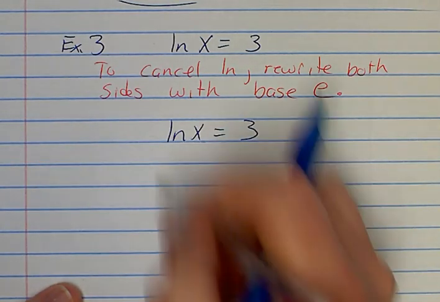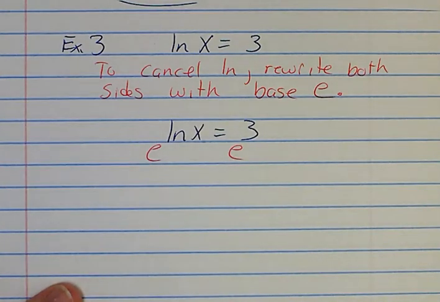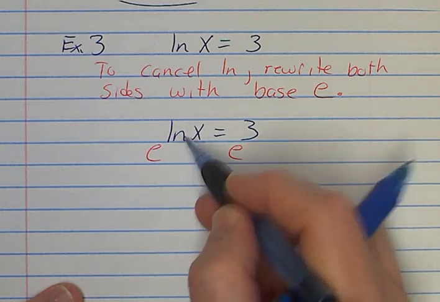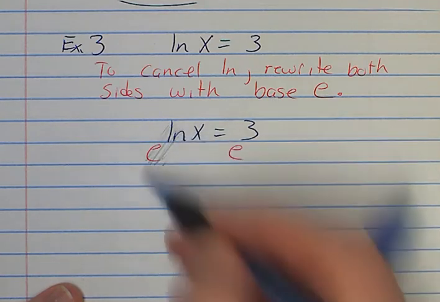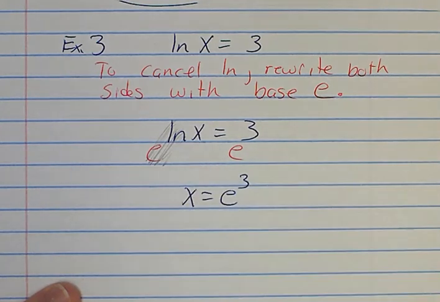So all you're going to do then is put e on the base down here and e to the base down there. And as long as you can get the e and the ln to touch each other, right beside each other and connected together, they cancel each other out. So x would equal e to the 3rd power.